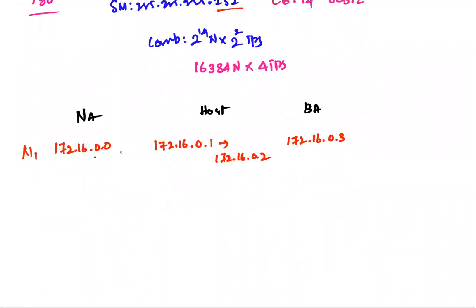So can you see all the IPs we wrote: 0.0, 0.1, 0.2, 0.3. Okay, now shall we write network number 2, guys? Yeah. So network number 2, 172.16.0.4 to 0.7. Okay, what is the host IP? Sorry, 0.7. The host IP will be 0.5 to 0.6.